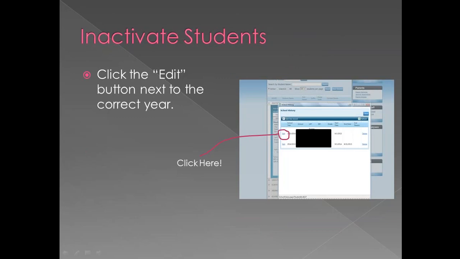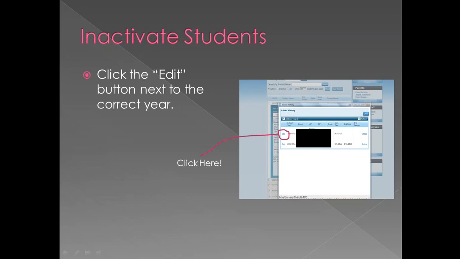And so what you'll see is, for each student, there'll be the years that they attended the program. So we can see 2 years here. They were enrolled in 2014-15, which was last year, and now they're enrolled in 2015-16.